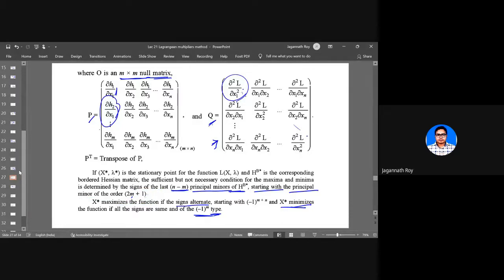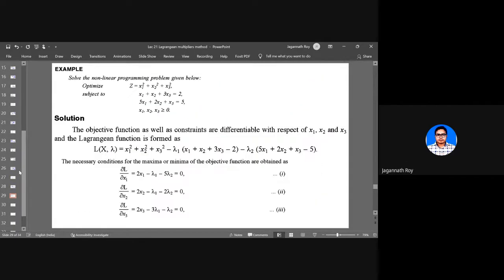Here we have to use both first order and second order cases. That is why we use the concept of the bordered Hessian matrix. So let us discuss one problem, solve it and explain how this is actually going to work.